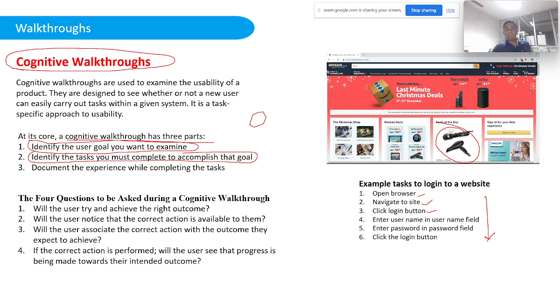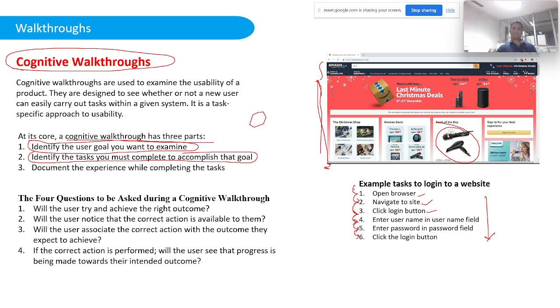But the users are not given the visual information about this particular website. Now the user is asked to follow these activities and perform this task, and you as a designer try to observe and record the findings.